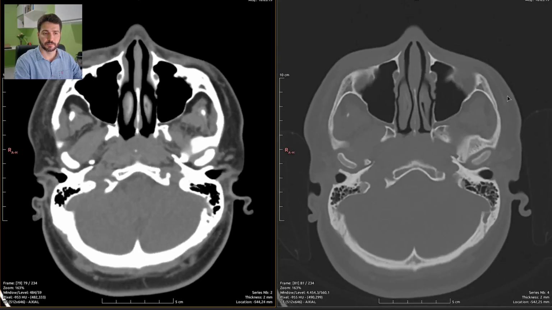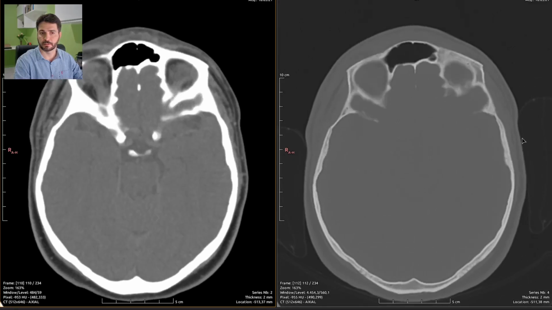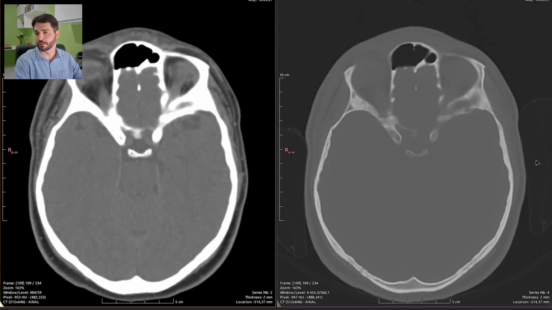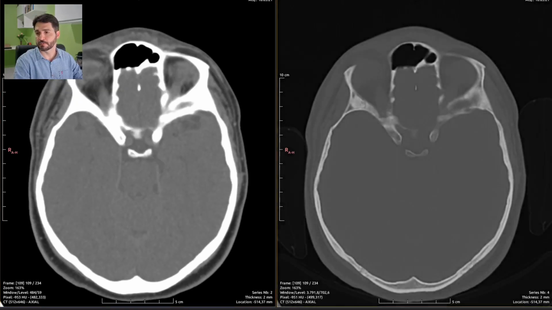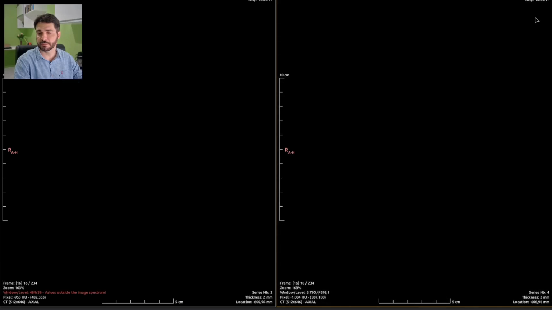So this patient surely isn't going to die, but he could be facing a very severe prognosis without proper treatment. So now we're going to look for fractures.